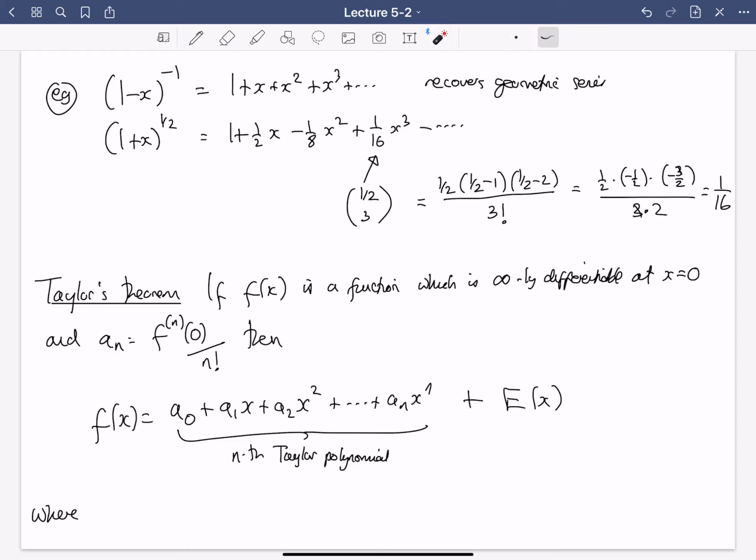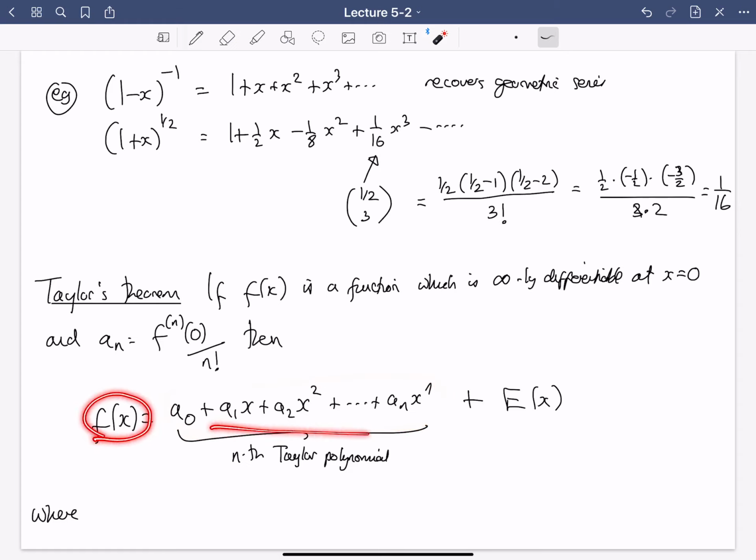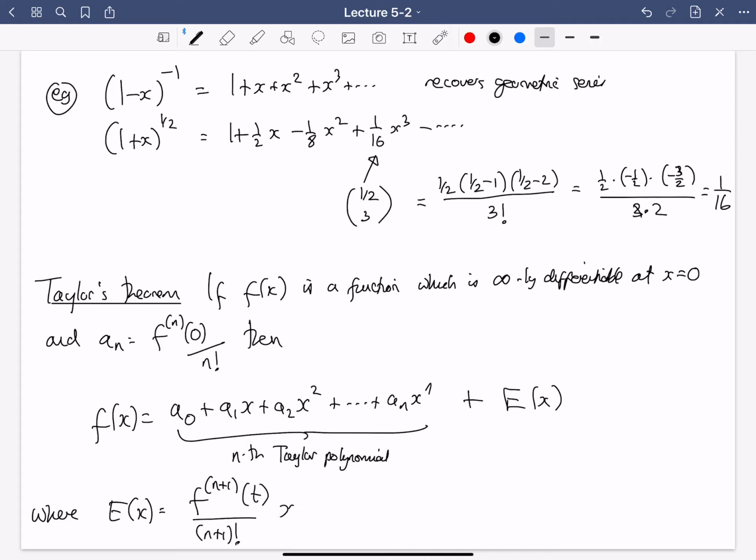So this is a very key theorem when you're trying to calculate a value of a function by approximating it by a polynomial. It's saying the function equals the polynomial plus some error, and Taylor's theorem tells you what the error is. It says you go one more derivative over n plus 1 factorial, except it's not evaluated at 0, it's evaluated at t, times x to the n plus 1, for some t with absolute value less than that of x.